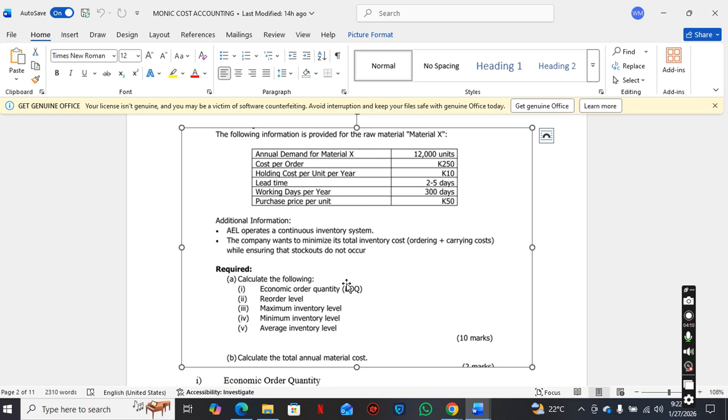Thank you for your contribution. We need to refine that answer. It is a quantity that you order, but what is it trying to achieve? When you order that quantity, what are you trying to achieve?